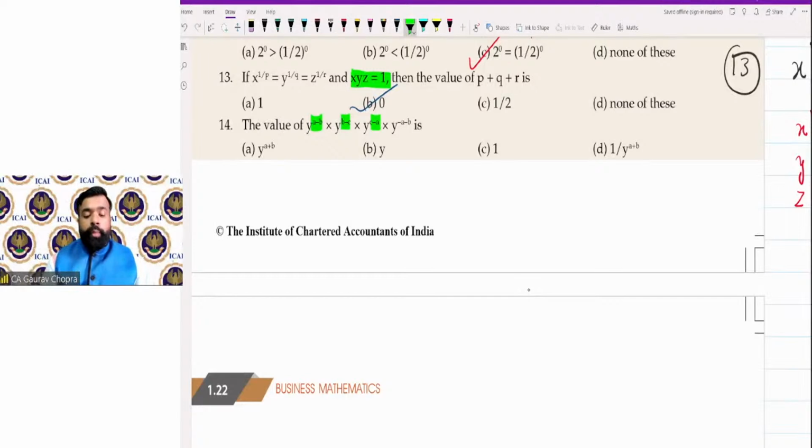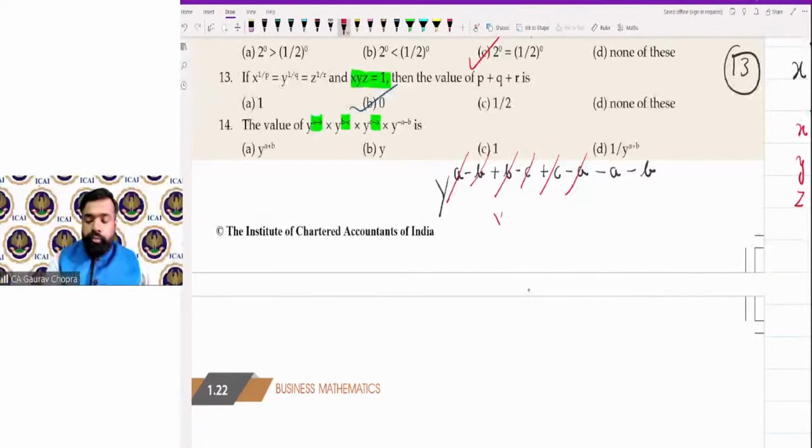Y to the power of minus a minus b. So let's simplify. Everything is in the power of y. a minus b plus b minus c plus c minus a, then minus a and minus b. So let's see what is getting cancelled. Positive negative a cancelled, positive negative b cancelled, c also cancelled.